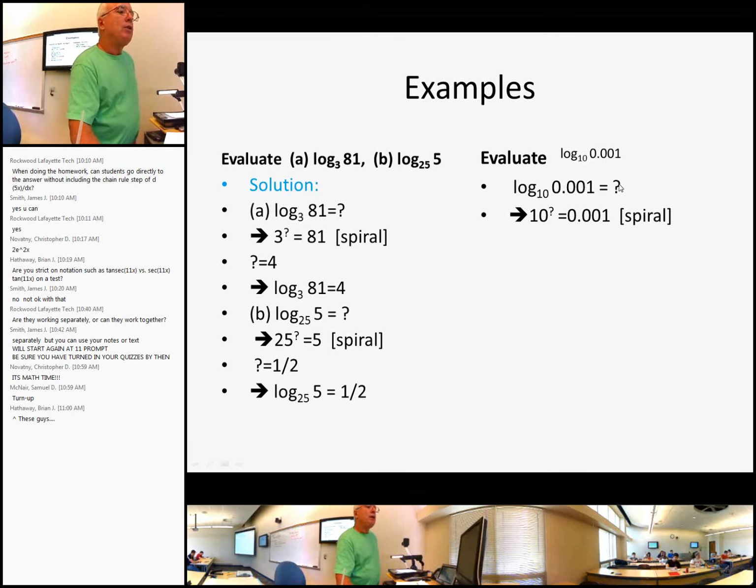I go to my question mark, so 10 to the question mark. Then I finish off with a 0.001. Now, what power of 10 will give me this, which is really 1 over 1,000, 0.001? What power of 10 will give me that small number?